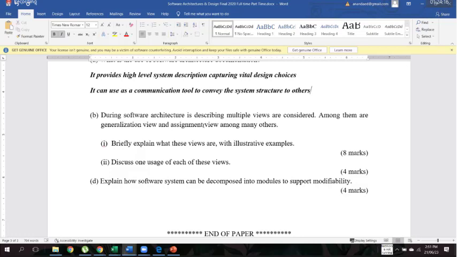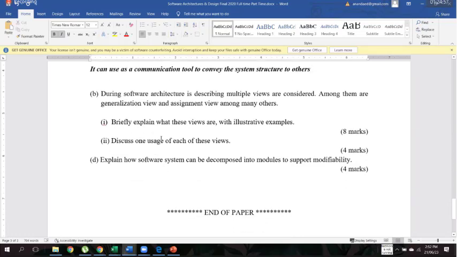A generalization view, an assignment view. In fact, this is actually a theory part. It's not needed to repeat it again, so we can answer this question very easily.